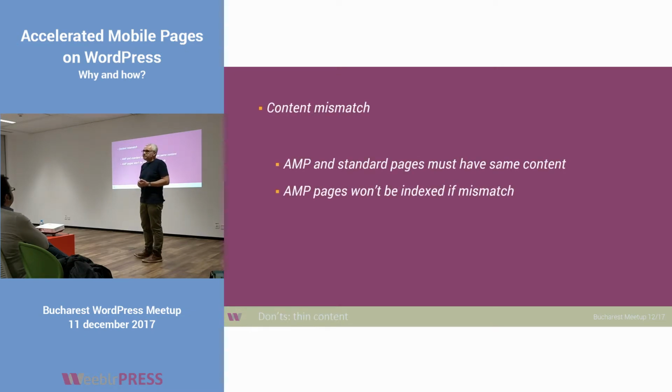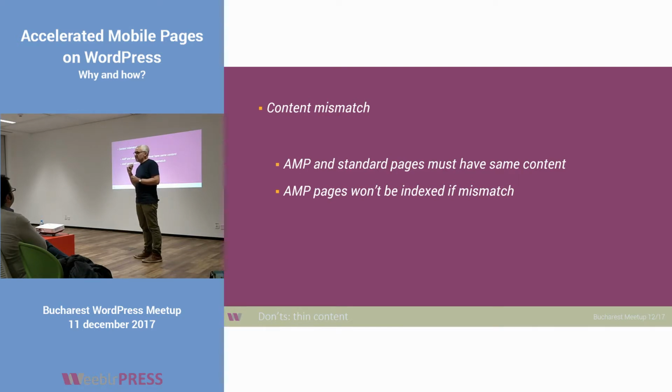Another thing you have to pay attention to, it's more recent. You need to have roughly the same content on your standard website and your AMP page. Some people thought it was too hard to do AMP properly on their sites. So what they were doing is they had a simple AMP page, for instance, with just the beginning of an article, and they then added a button saying click here to see the full article, and that was going to the standard website.